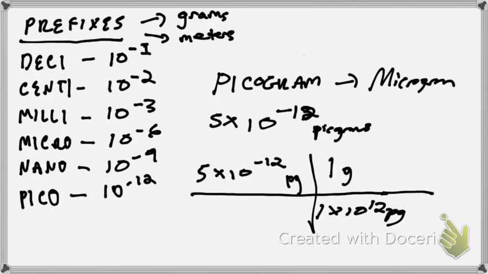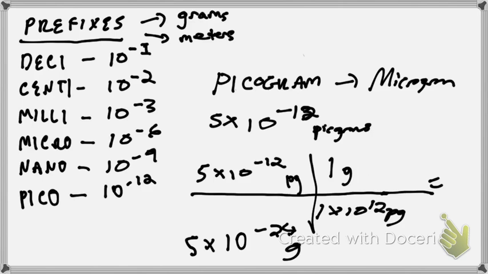So let's do that calculation first. 5 divided by 1 is 5, and negative 12 minus negative 12 is going to be 10 to the 0... Actually, it is negative 12 minus 12, and that's going to be negative 24. So 5 times 10 to the negative 24 grams.